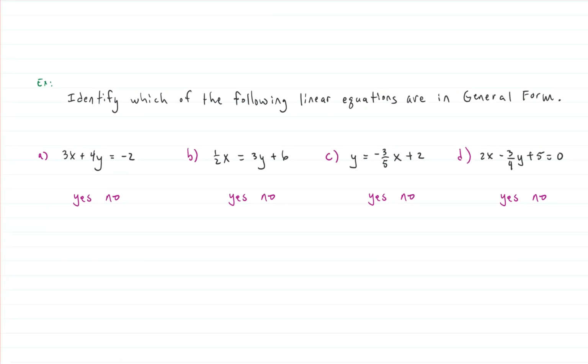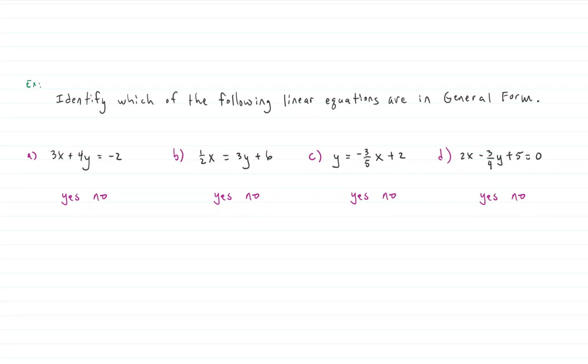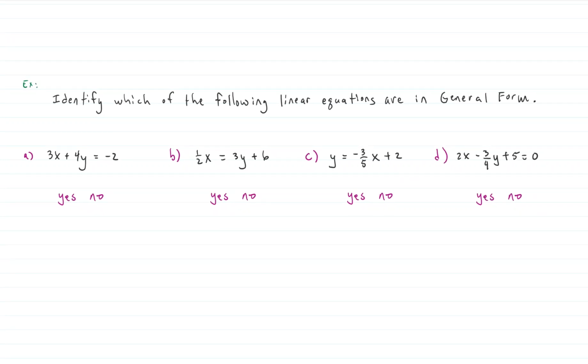Lines can be given to us in lots of different ways, so if we wanted to identify which of these equations were in general form, here are some examples. Example A gives us 3x plus 4y equals -2.